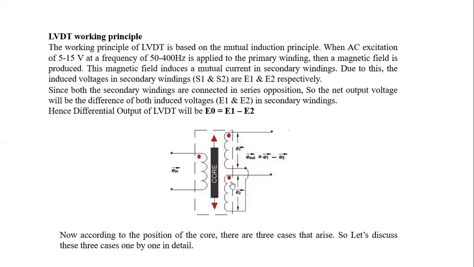Therefore the EMF across the first secondary winding is E1 and the EMF across the second secondary winding is E2. Then the output is the difference between the two, that is E output is equal to E1 minus E2.